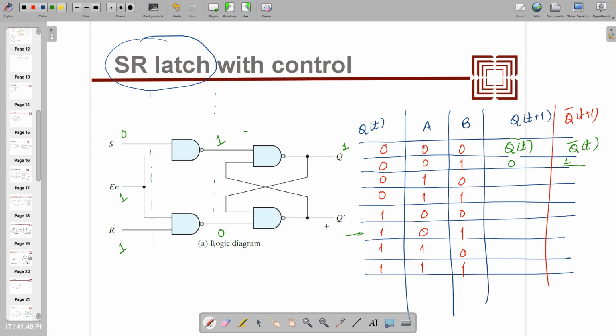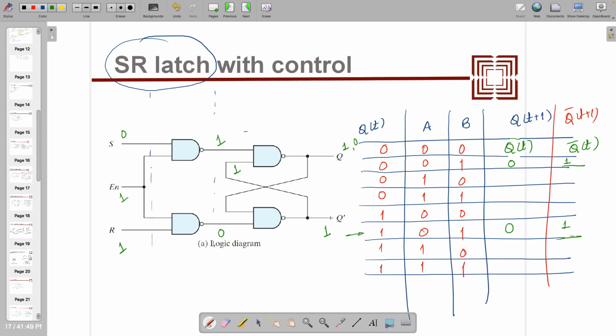If it is 0, this becomes 1, this 1 will go here, 1 and 1 will give me 0 after 3 nanoseconds. So this becomes 0 and this becomes 1. So Q bar becomes 1 after 2 nanoseconds, Q becomes 0 after 3 nanoseconds, right?